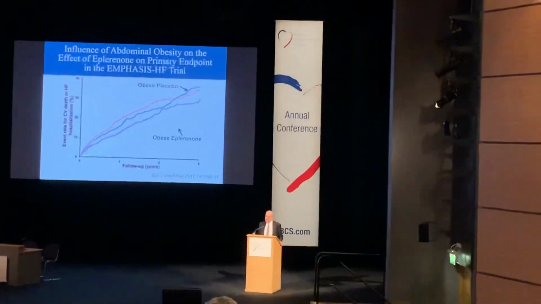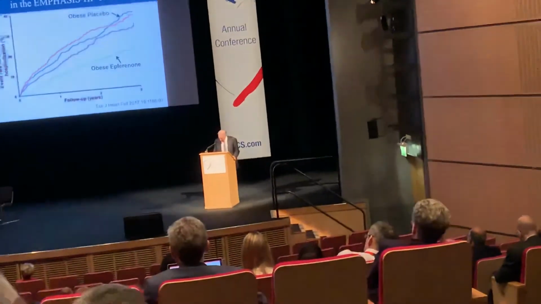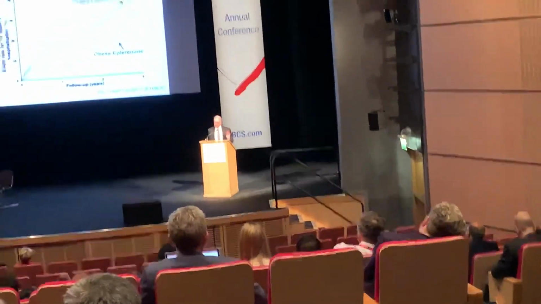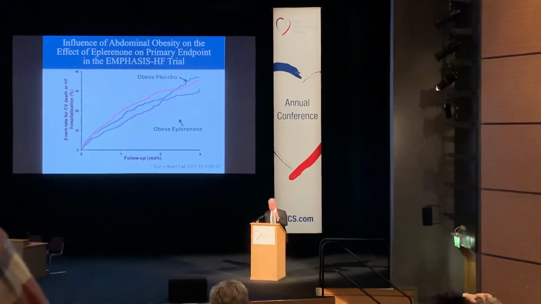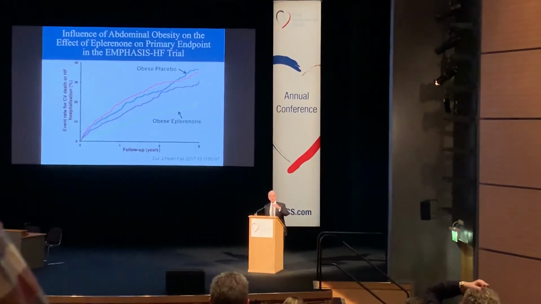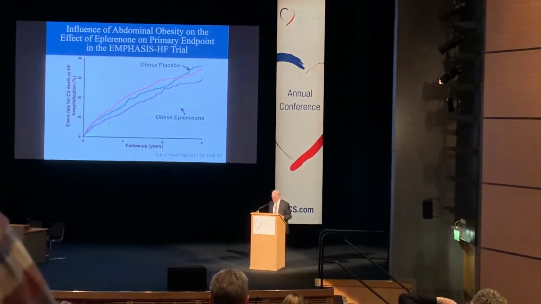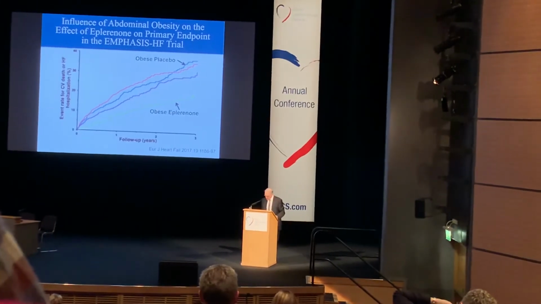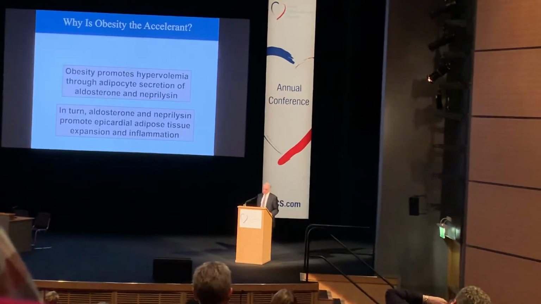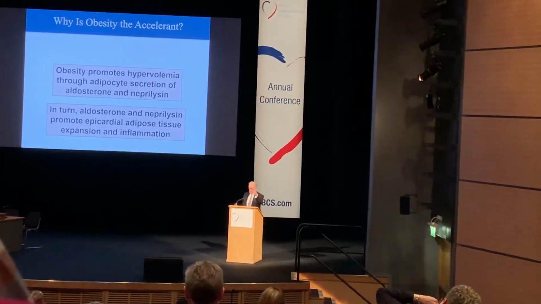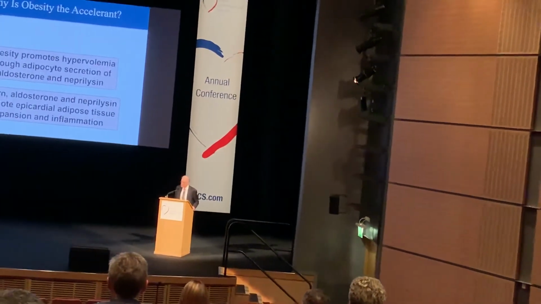And what is really interesting is, of course, no aldosterones were measured in this trial, but this kind of pattern, a difference between the response in obese versus non-obese individuals, especially when it comes to waist circumference, has been observed in other trials as well. So obesity promotes hypervolemia because adipocytes secrete aldosterone and neprilysin.